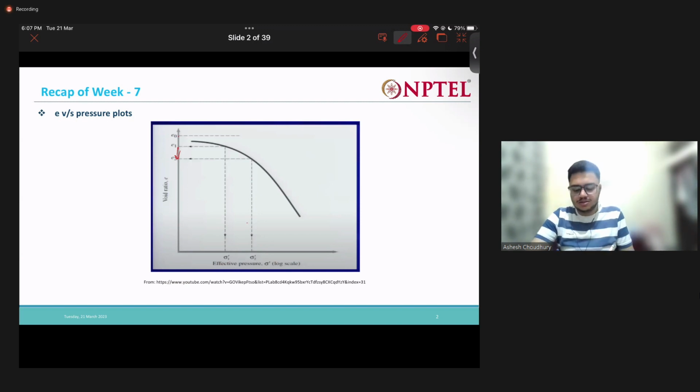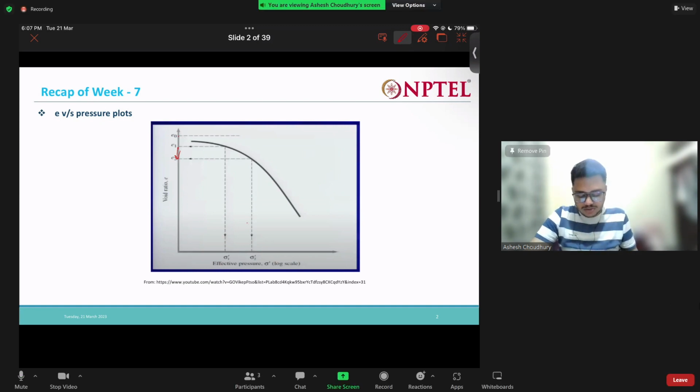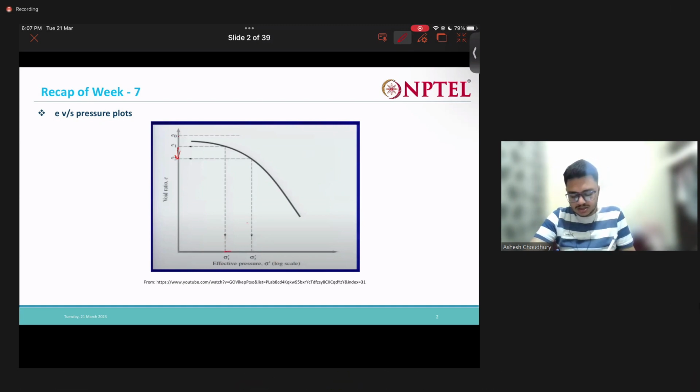Due to this consolidation settlement, the water in the pores gets expelled, and due to that settlement the void ratio also reduces, right? So as we can see here, as the effective pressure increases, our void ratio is decreasing.